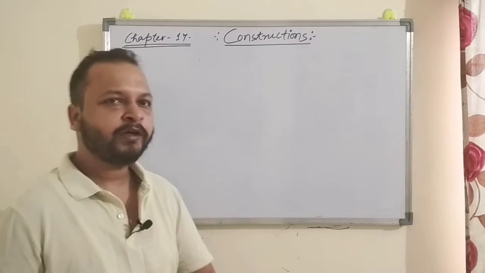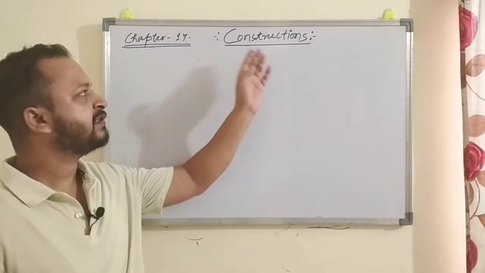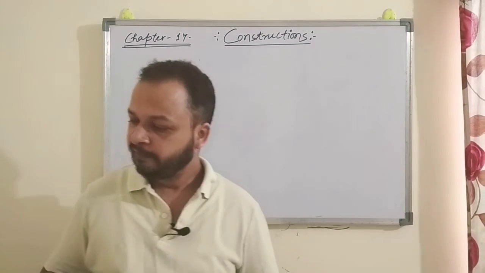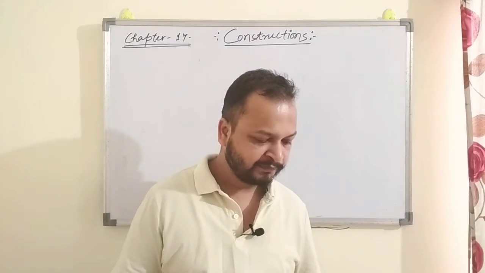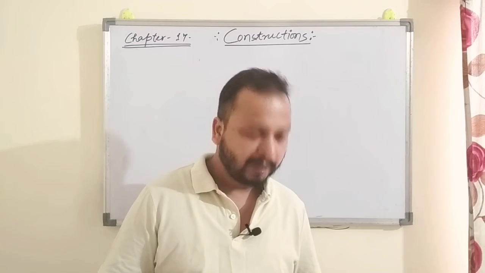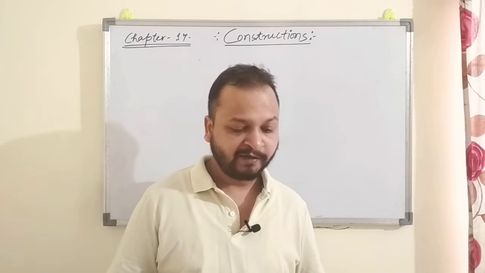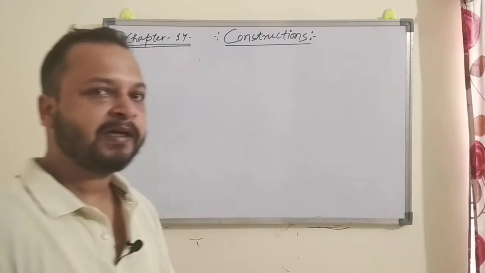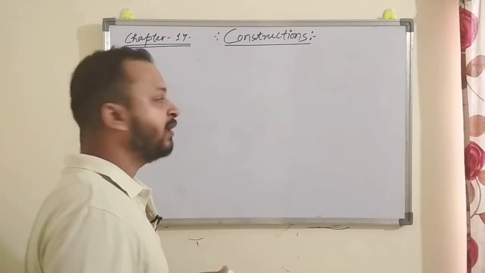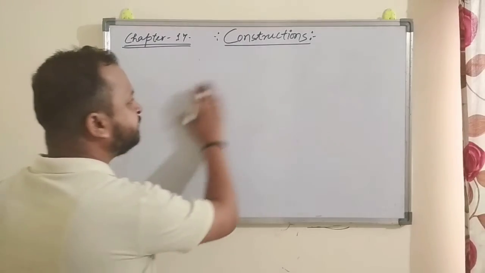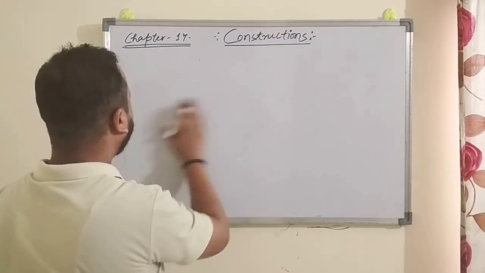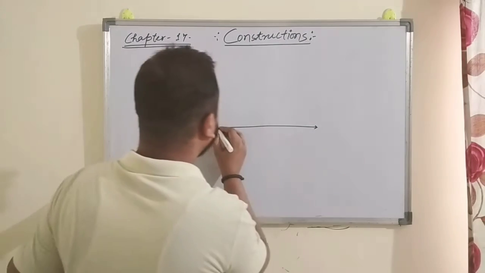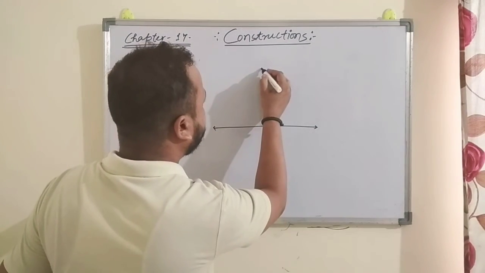So today we are going to start a new chapter, that is constructions, right? In constructions, first we are going to construct a parallel line to a given line, at a point which is given above the line, and that line we have to construct is passing through the given point.